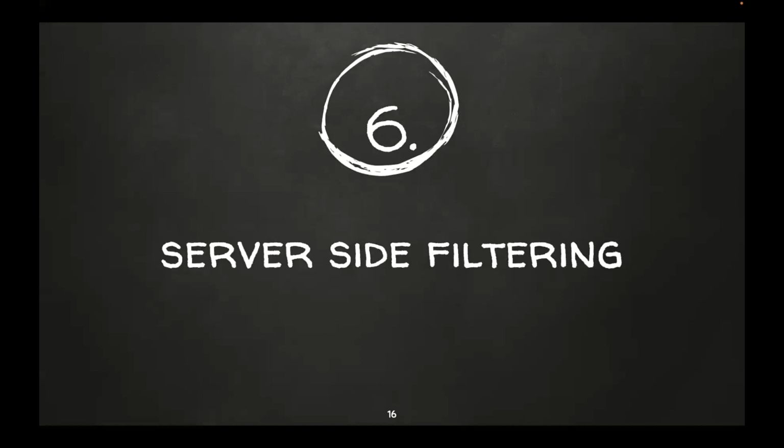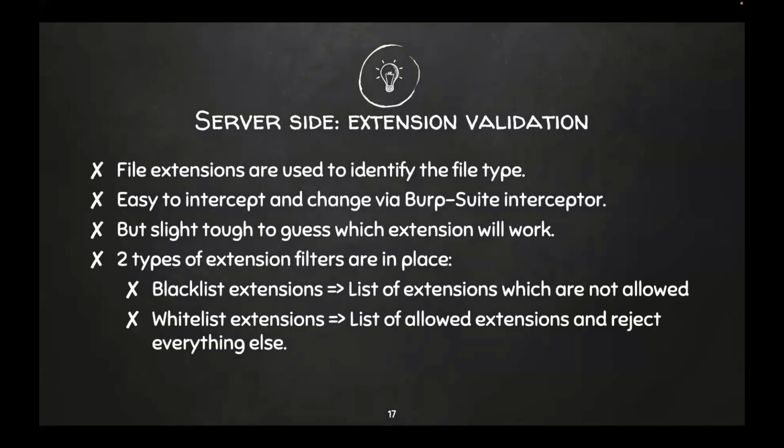Server side filtering is applied after the file gets uploaded to the server, unlike client side filtering, where the browser applies the filtering before the file is even sent to the server. With server side filtering, the file first gets uploaded to the server, then the validations and security measures take place, and if the file passes those validations, it is considered an uploaded file. There are different types of server validations.